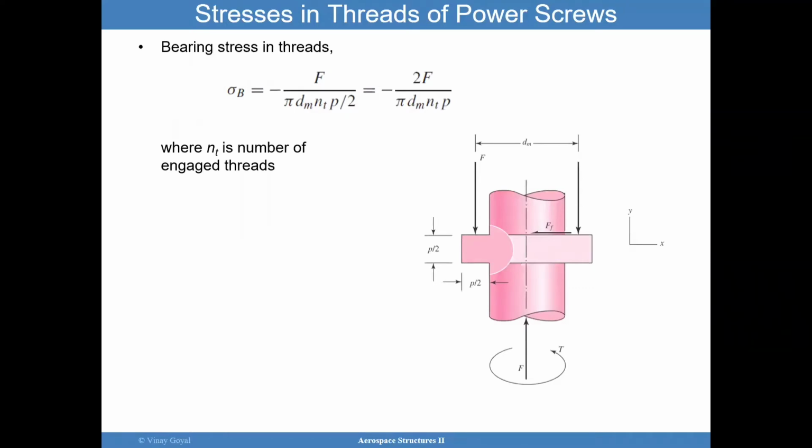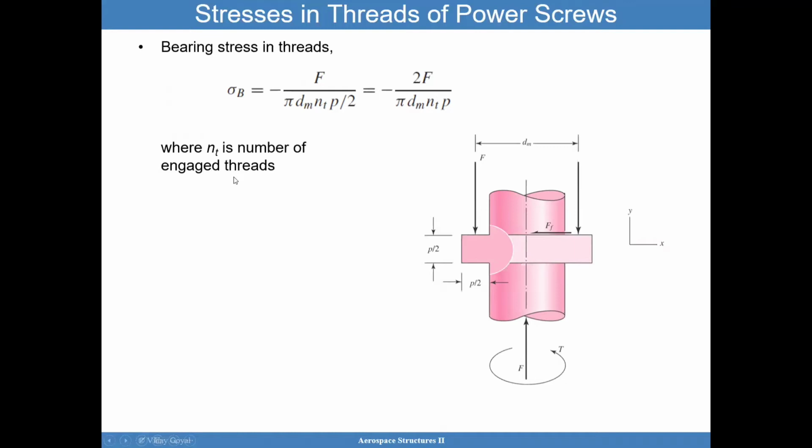We also have to consider the bearing stress, which can be calculated by taking the force reacting on the power screw and dividing it by the area. Here dm is the mean diameter, so we have the circumference pi dm, times p over 2, which is this distance here, times the number of threads. That gives you the bearing stress reacted by n number of threads.